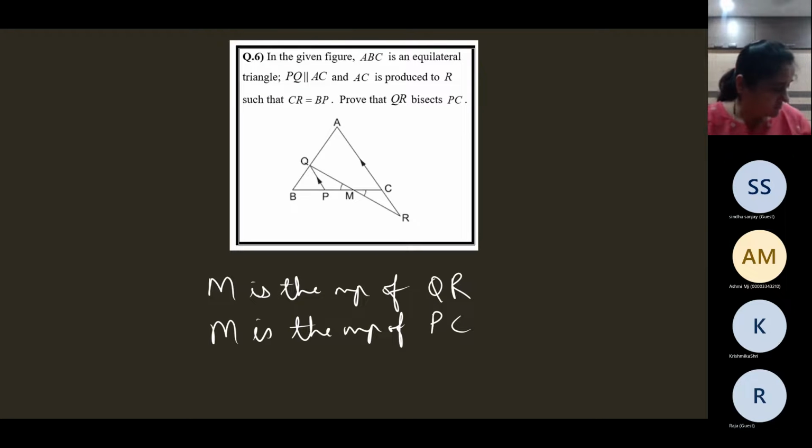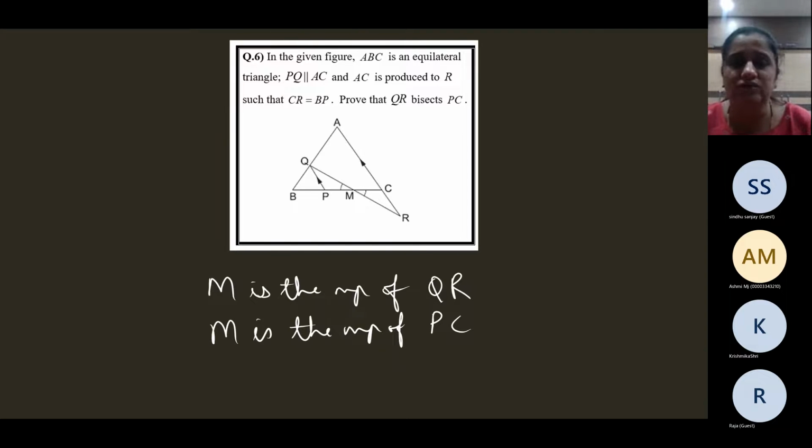PC, ma'am. We have to prove that M is the midpoint of PC, ma'am. Very good. We'll have to prove that M is the midpoint of PC because QR bisects PC. That means PC is cut into two equal halves by QR.